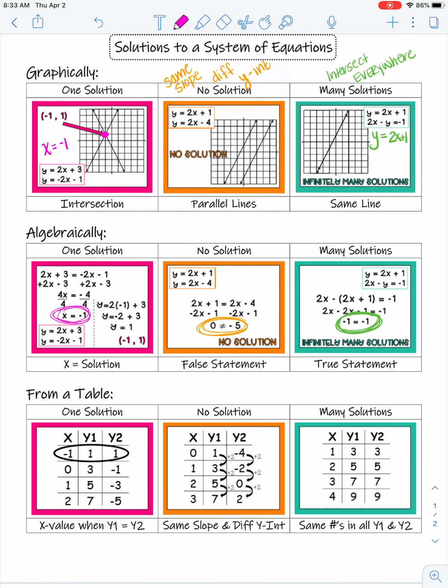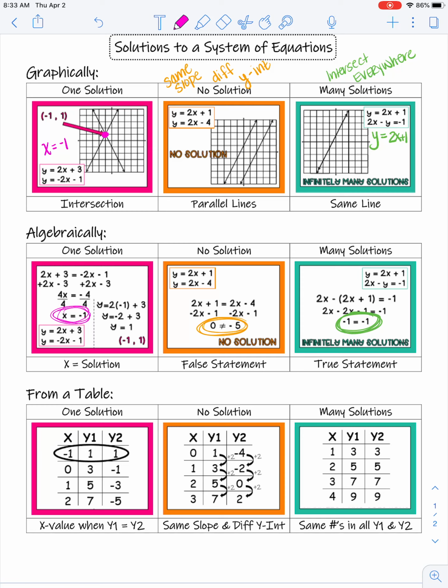Okay, the last thing that we want to look at is a table. Okay, tables are a little tricky, but we can still address them. So if we have 2 lines that intersect, if we have an equation that has a solution, we can identify that in a table.